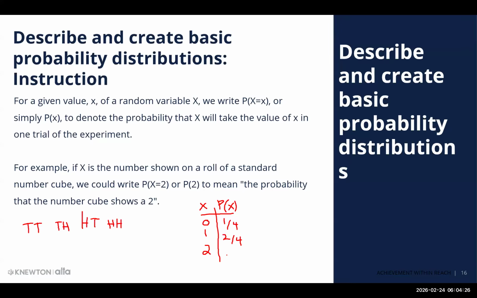And the probability of getting two heads is 1 in 4. So that's a probability distribution, and X is a random variable that can take on X equal 0, X equal 1, X equal 2.